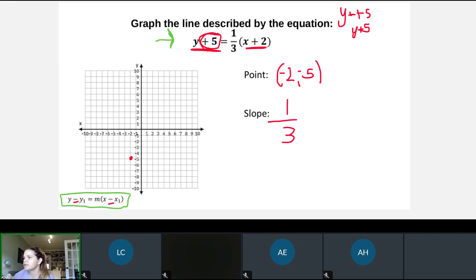And now I'm going to use my slope, which is up 1 and to the right 3. So I'm going to go up 1, to the right 3. Up 1 and to the right 3. Okay, and then I could draw my line through here.